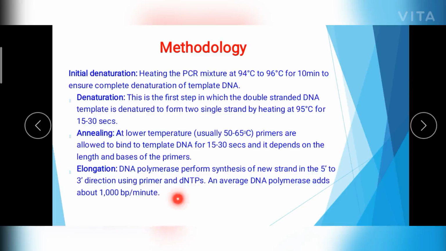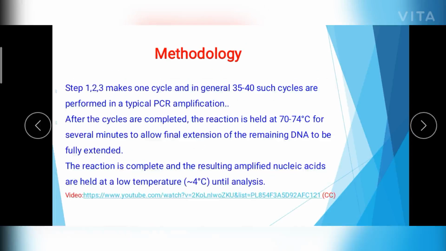In this manner the chain extension occurs, and steps 1, 2, 3 make one cycle. In general, 35 to 40 such cycles are performed in a typical PCR reaction. After the 40 cycles are completed, the reaction is held at 70 to 74 degrees centigrade for several minutes to allow the final extension.